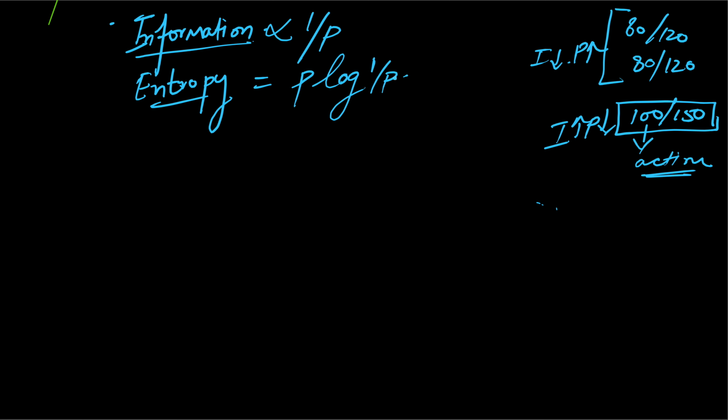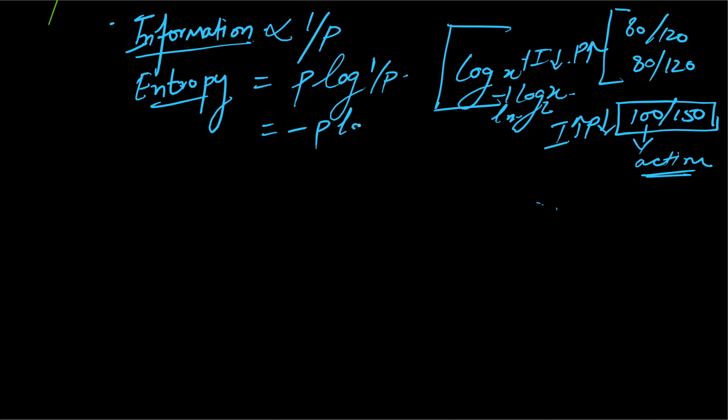Now 1 by p is equal to p to the power minus 1, and the log of anything, say x raised to the power minus 1, can be written as minus 1 times log x. Whether I'm taking a natural log or log base 2, we can say ln. So this is minus p log p, or minus p ln p. This is the information of a particular data.